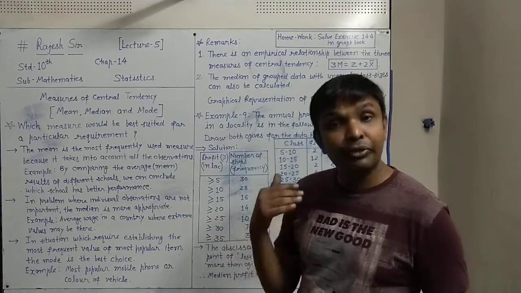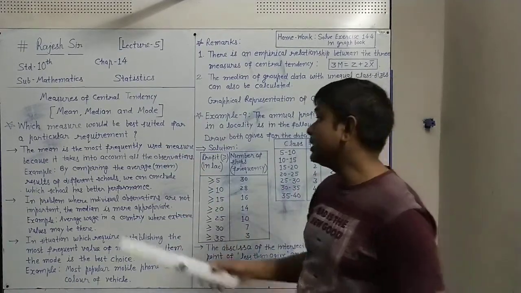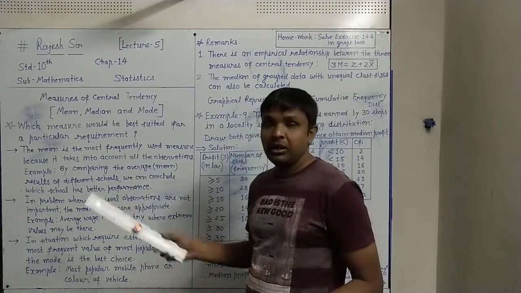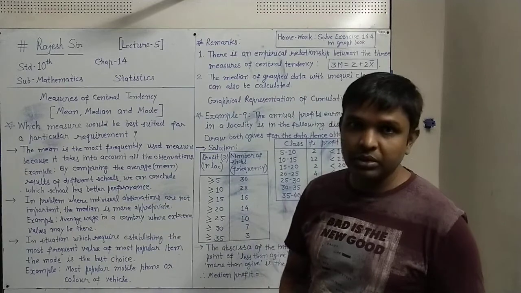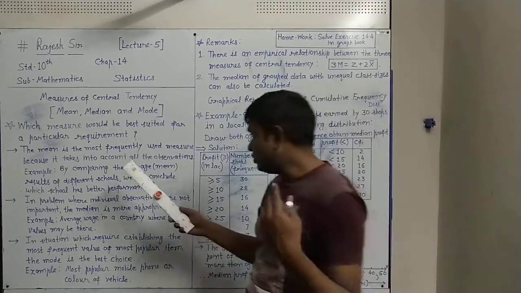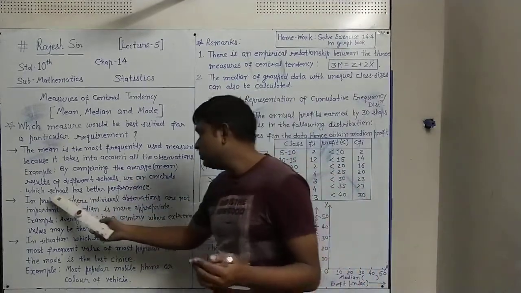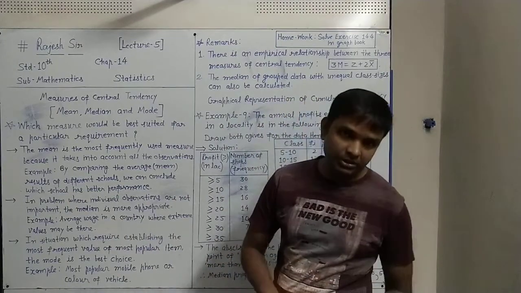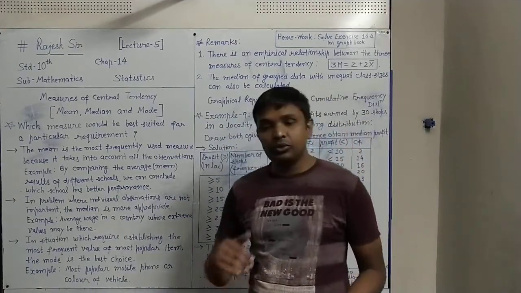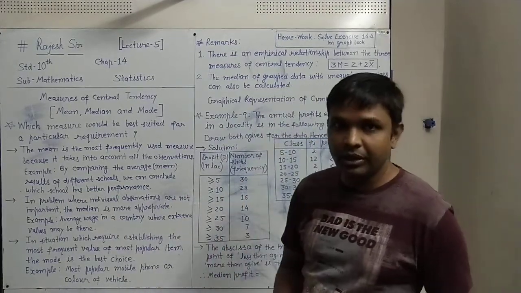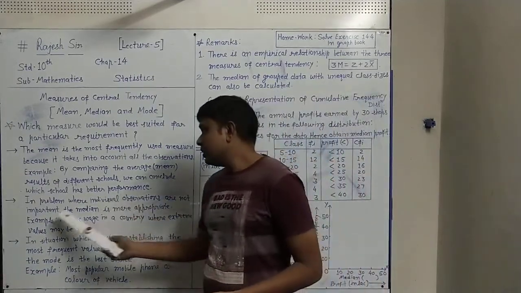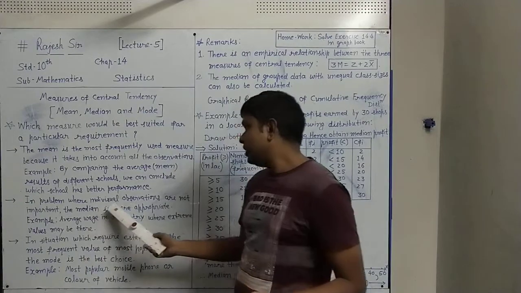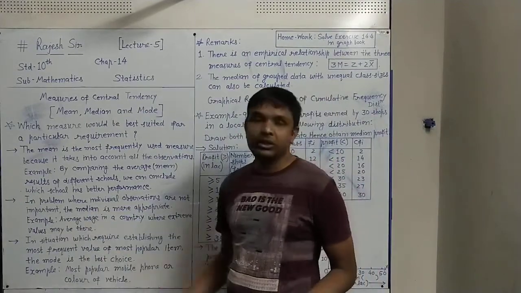The result of different schools is obtained by mean, by the average method, and by that value you can compare the schools and conclude which school has better performance. Right? So to compare we can use mean or average.